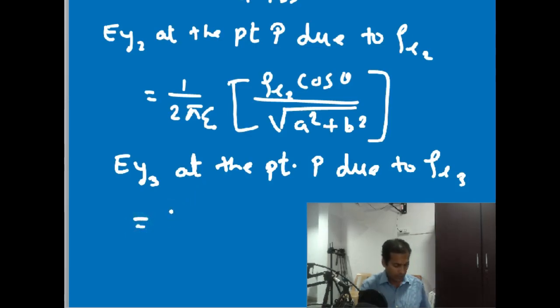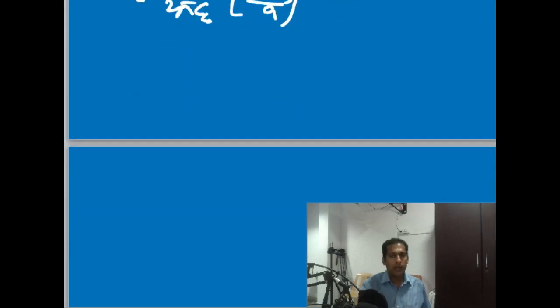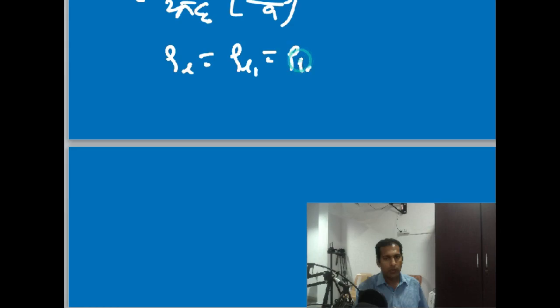So this time we will get 1 upon 2 pi epsilon naught rho L3 by A. So rho L1, rho L2, rho L3 are all same. So we can say that one single rho L is nothing but equal to rho L1 equal to rho L2 equal to rho L3, right?